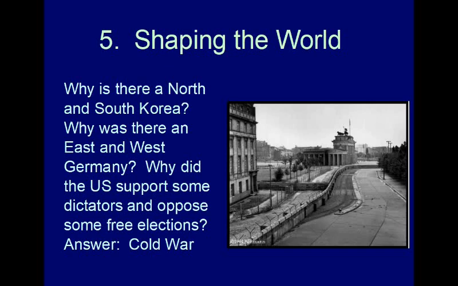Please remember that at the end of the Second World War, at first Berlin was divided into four large areas. One area was ruled by the Americans, one by the French, another by the British, and the fourth area by the Soviets.